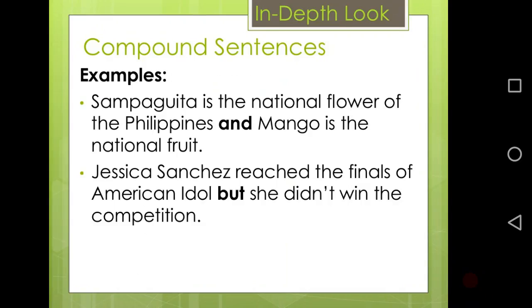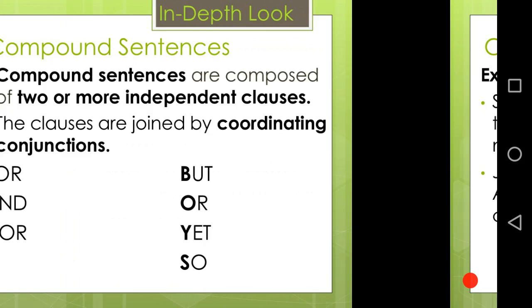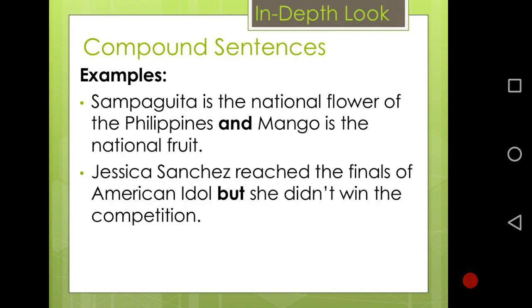Compound sentences. Sampaguita is the national flower of the Philippines, and mango is the national fruit. Jessica Sanchez reached the finals of American Idol, but she didn't win the competition. You see, here you see and, and but.